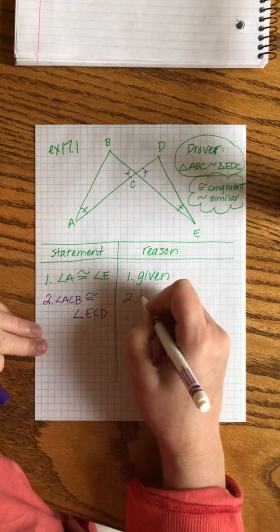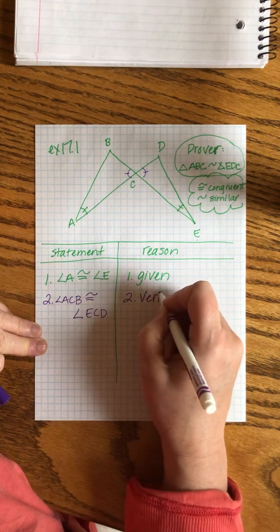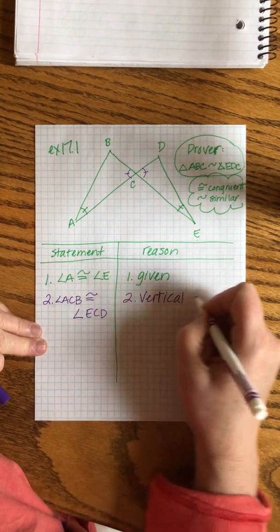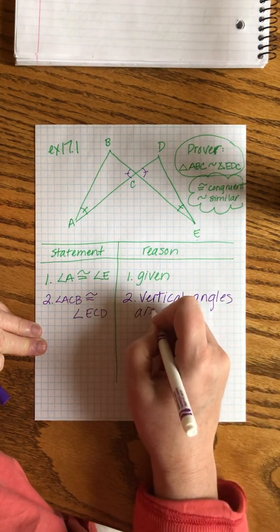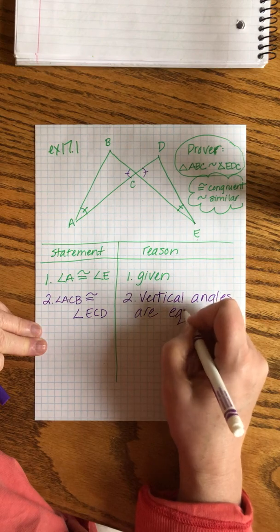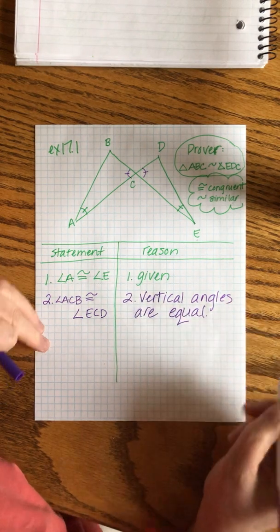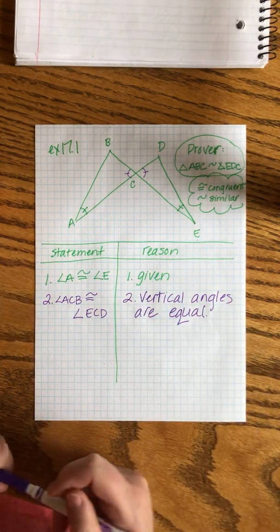And the reason I know that is because vertical angles are, I'm going to say equal. You could say congruent. That would be good too.